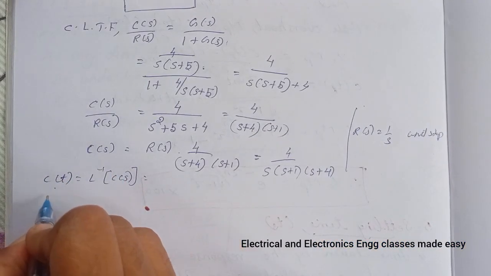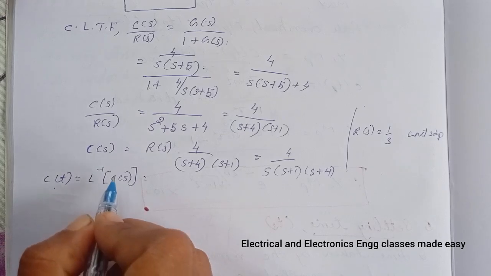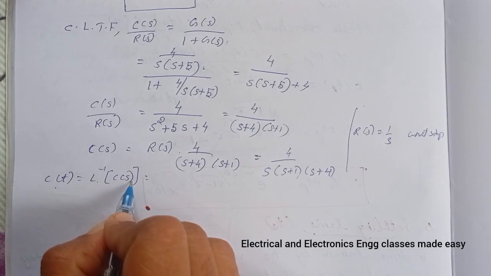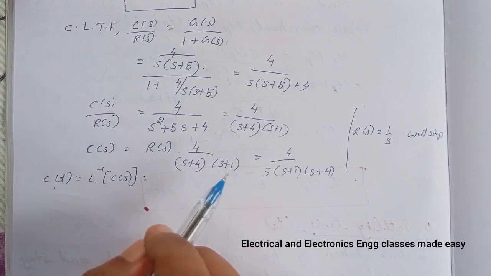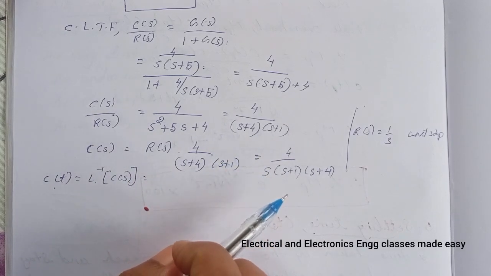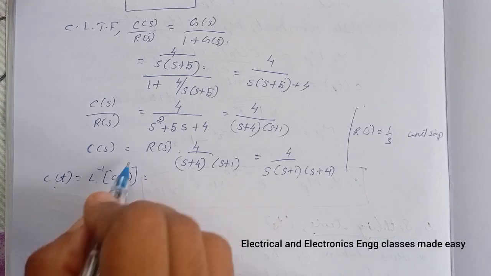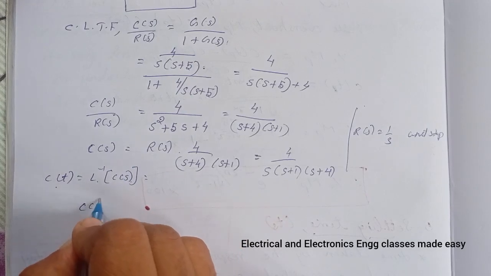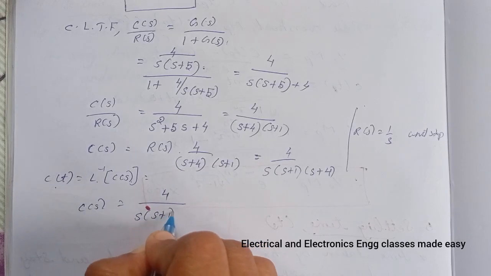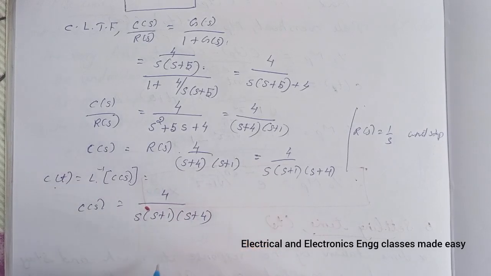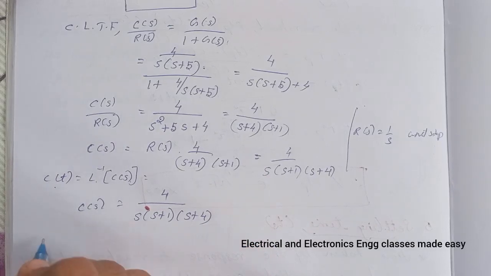So to find the response we have to find the inverse Laplace transform of this function. So for that here we have to use the partial fraction expansion. So C(s) is 4 divided by s into (s plus 1) into (s plus 4).